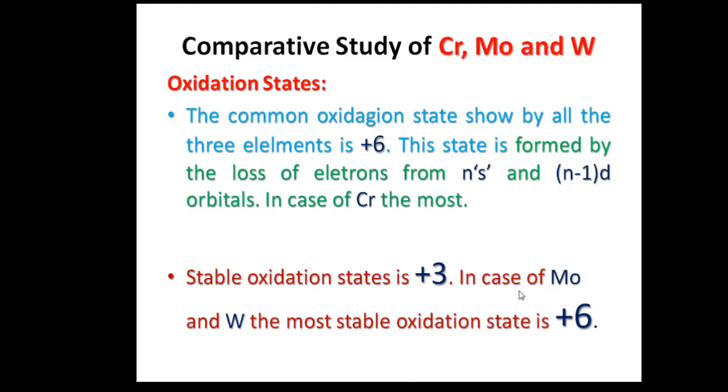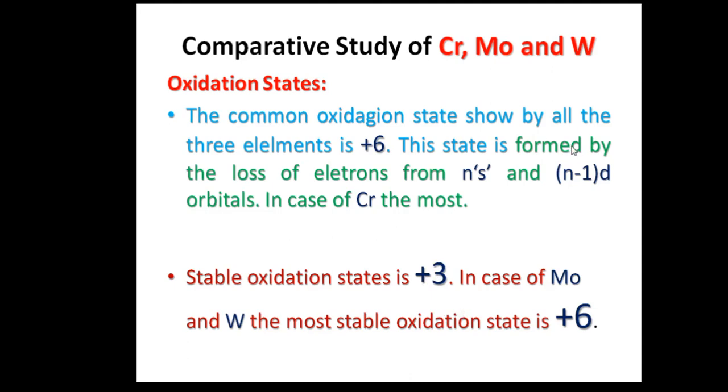However, molybdenum 6+ and tungsten 6+ are not oxidizing agents. Why? Due to the high stability of the +6 oxidation state. On the other hand, molybdenum 3+ and tungsten 3+ are strong reducing agents.